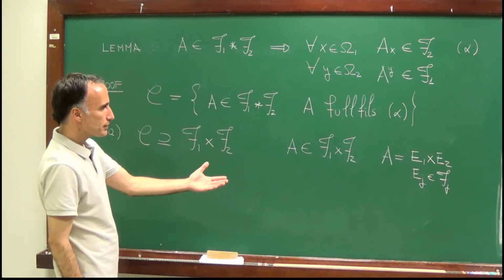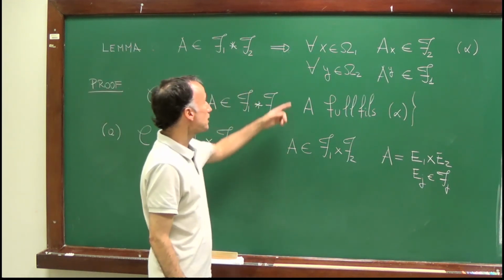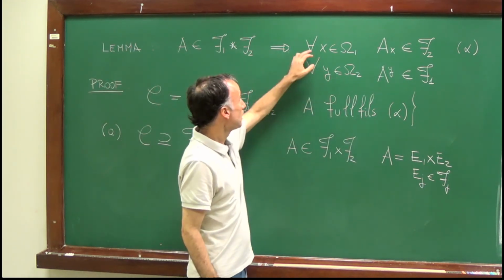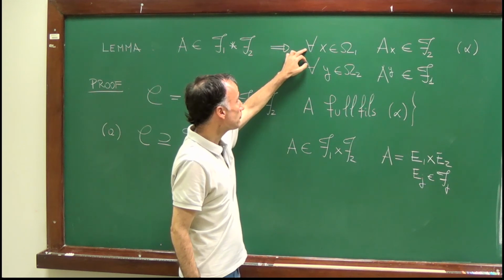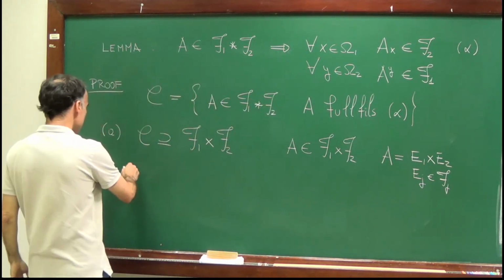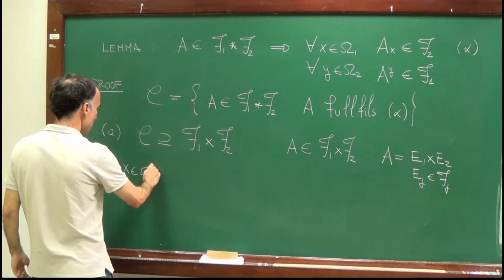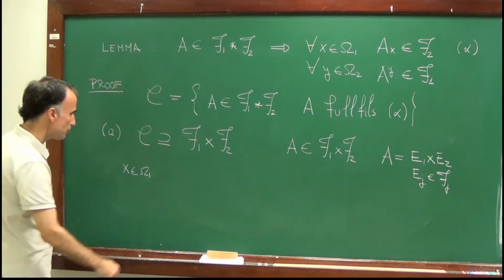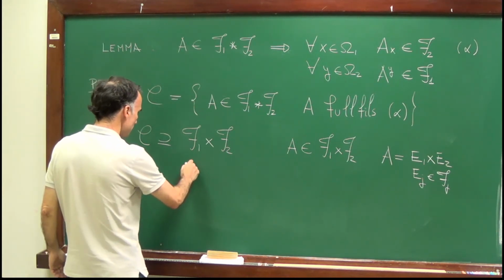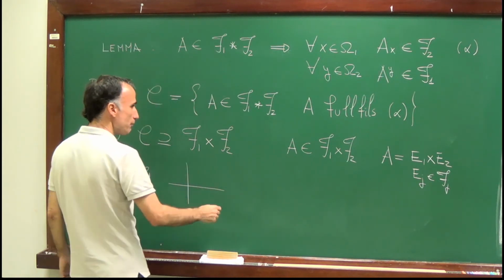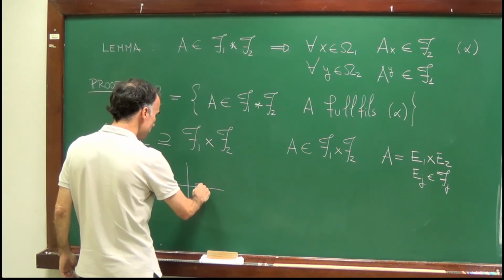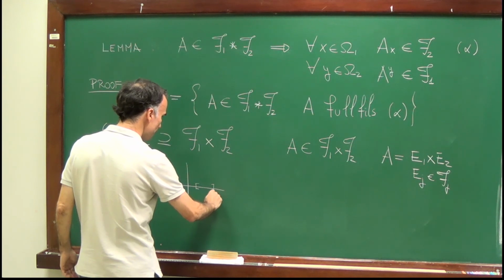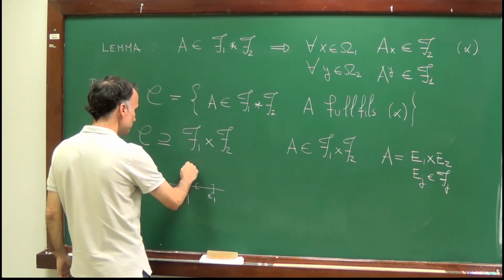And now let's see what is the cross-section. So let's show that A fulfills property alpha. So let's fix x in omega 1. Let me draw here a picture of a rectangle. So here is the set E1. Here is the set E2.